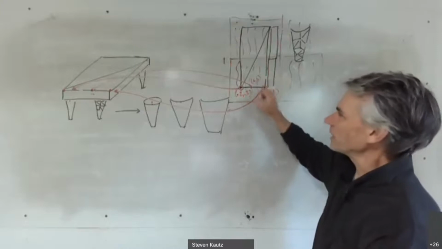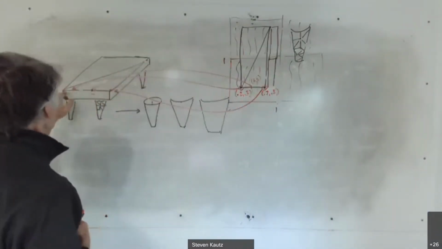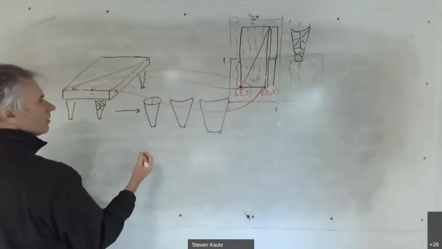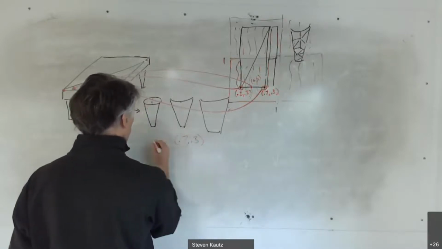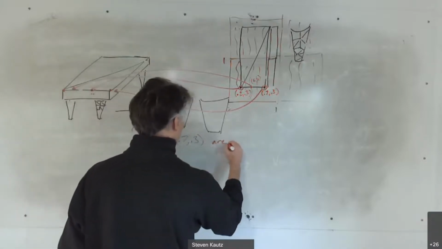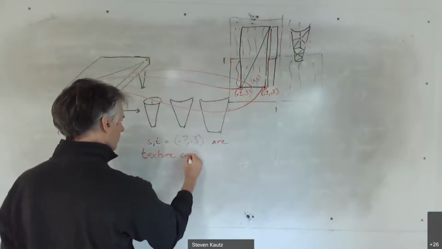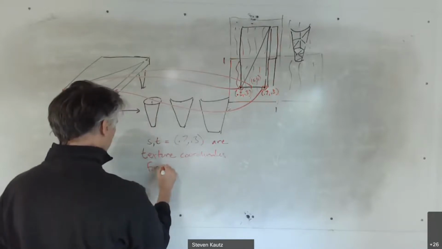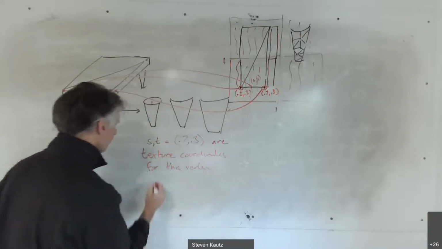So these coordinates that I've associated with the corners of this triangle are called the texture coordinates. So we would say that 0.7, 0.3 are texture coordinates for this vertex.